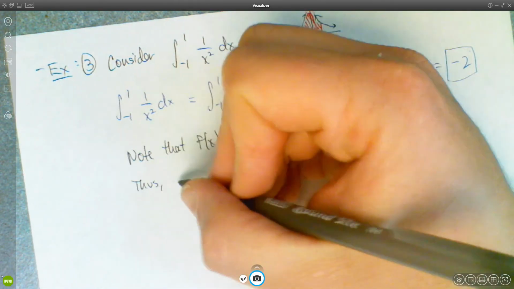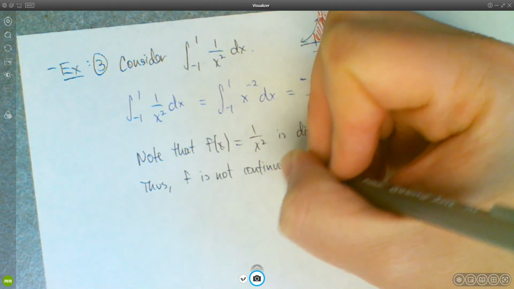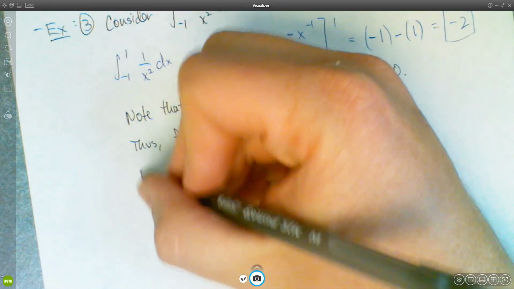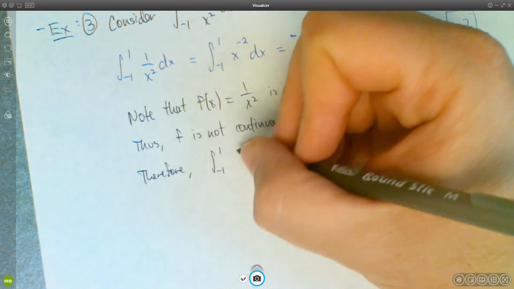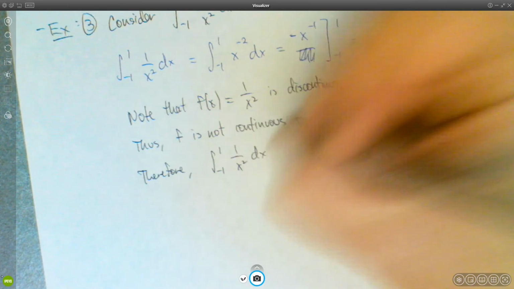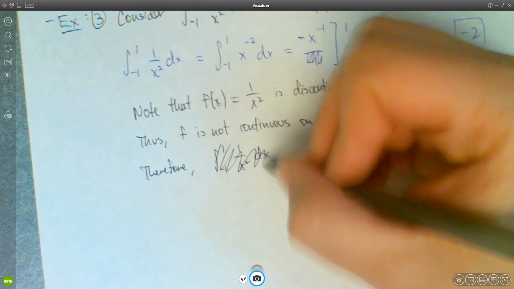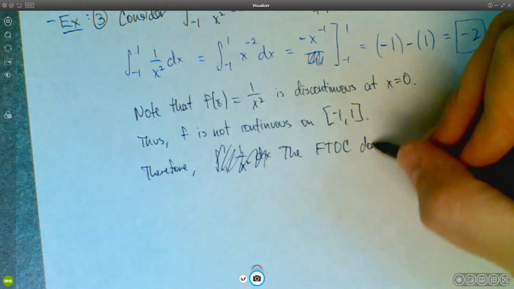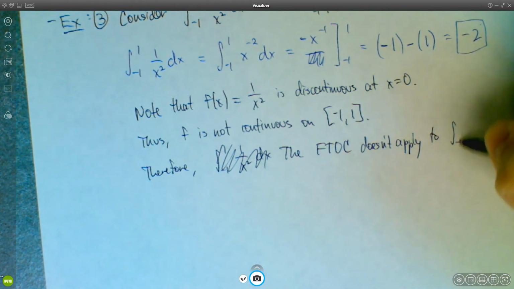Thus, f is not continuous on the interval from -1 to 1. Therefore, the fundamental theorem of calculus doesn't apply to the integral from -1 to 1 of 1 over x squared dx, right?